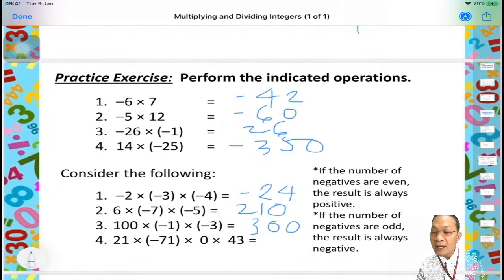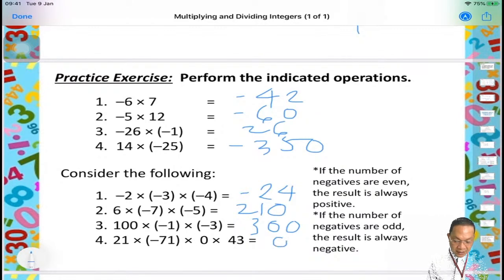210, 210. Someone answered 3,000. It's 300 only. Okay, 300. Very good. Okay, 210, 300. And number 4 is 0. Some already answered 0. Okay, very good.